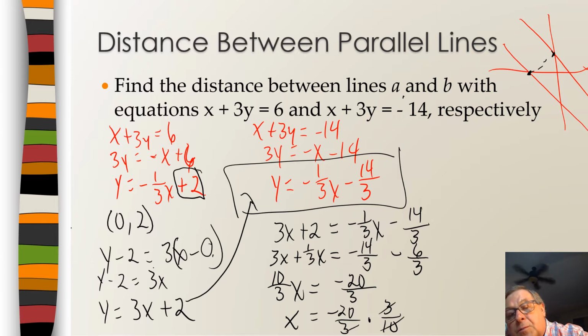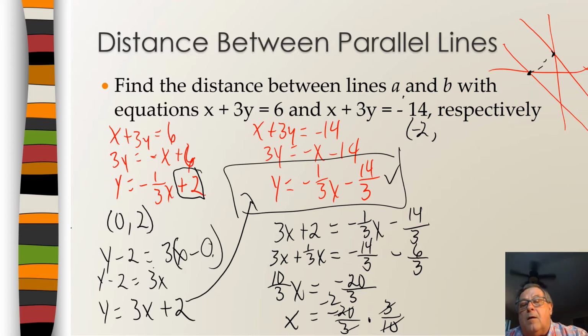And those are going to cross cancel, so I got -2. So x then is -2. And let's substitute that into our first equation. Now we'll go back to this one right here, and we're going to solve for y.